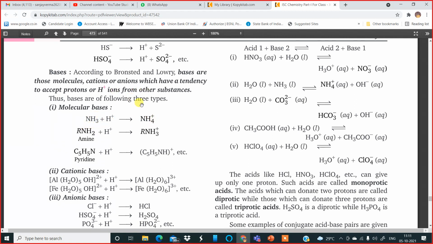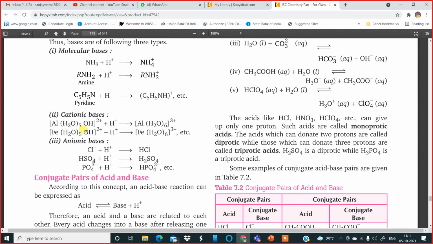Examples are ammonia, amines and pyridine accepting protons, cationic bases accepting protons, and anionic bases accepting protons to form other species. Any substance which can accept protons is a base. Any substance which can release or give protons is an acid.